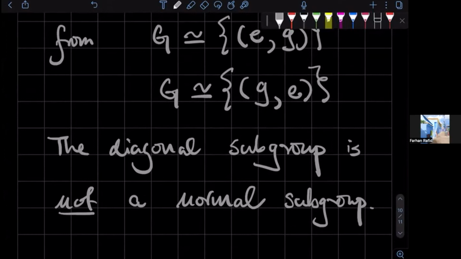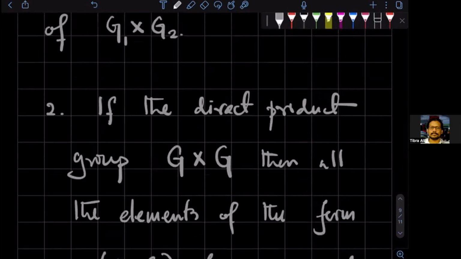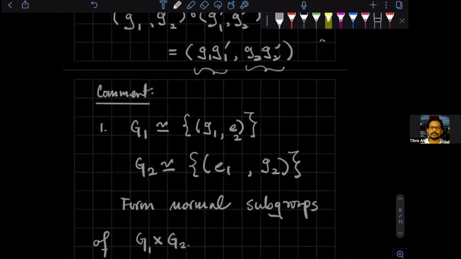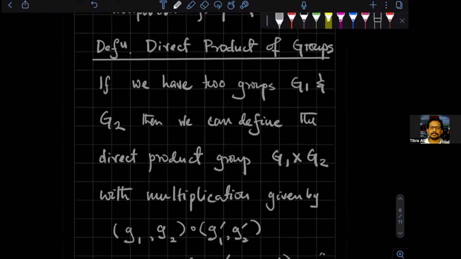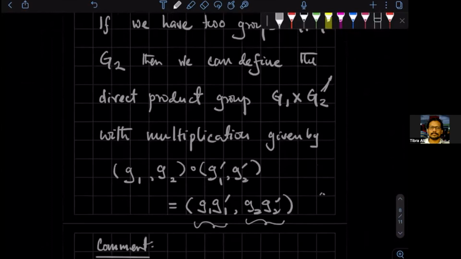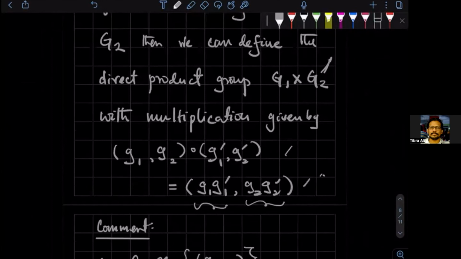And Sir, I didn't quite get comment 1 and comment 2 clearly. Would you please explain? Okay. So comment 1 is that if I just take the identity element, say from the second group, and then this multiplication also forms a group where this guy is just E2.